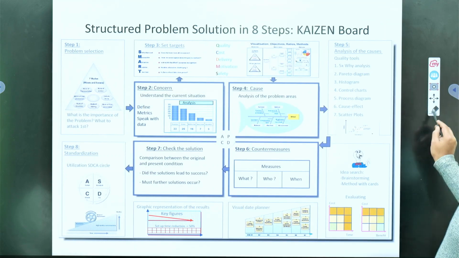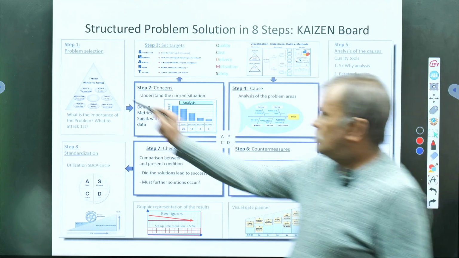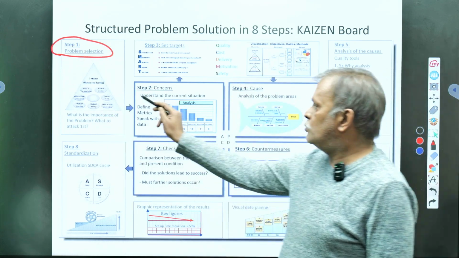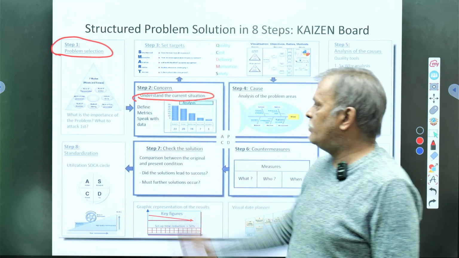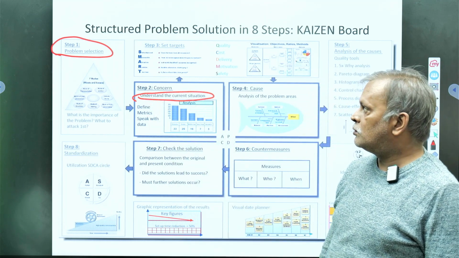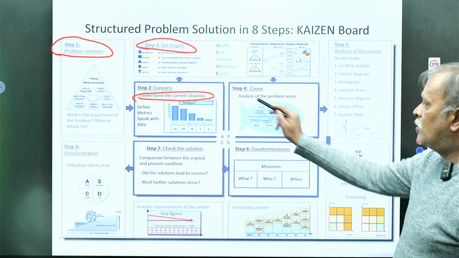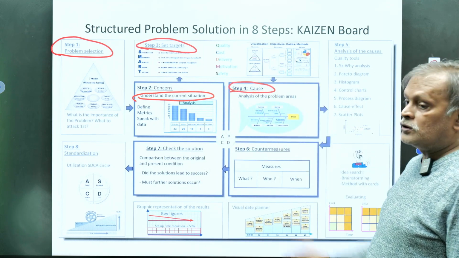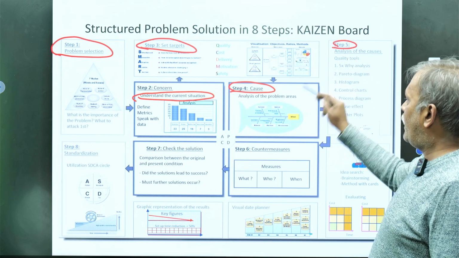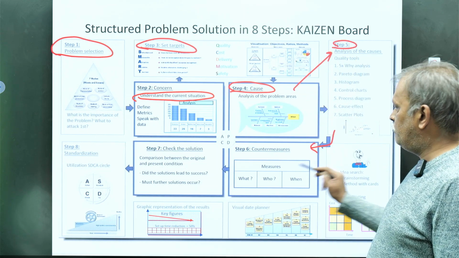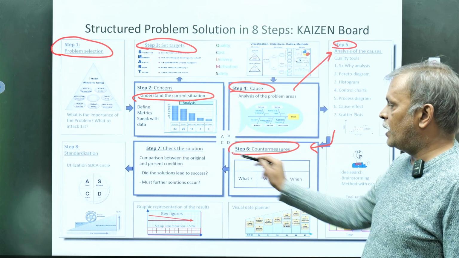Step 1. You set about to identify from the various threads, to define the matrix, understand the current situation. 3. Targets. 4. Potential causes. 5. Analyze the causes. Identified, now build your countermeasures, improve plan.